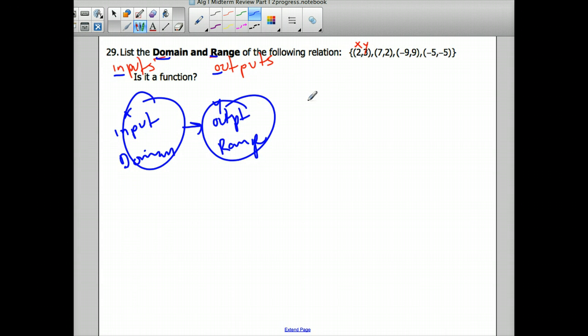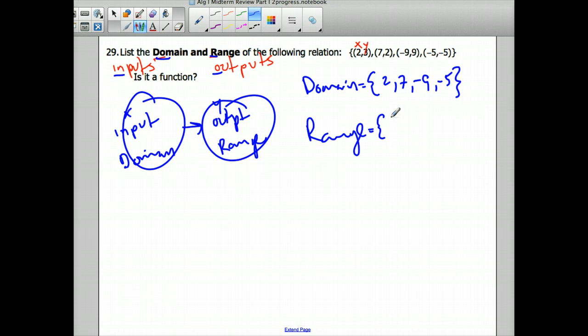So what we're going to look at here, the domain is all the x's, and that's going to be 2, 7, -9, -5. The range is going to be 3, 2, 9, -5.